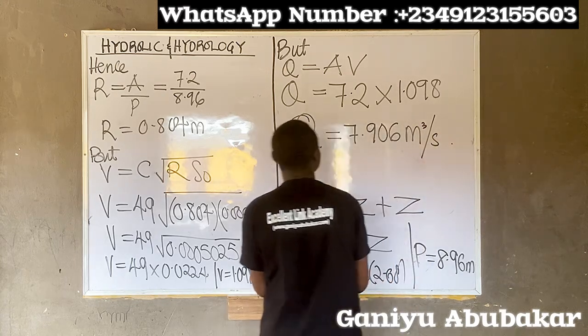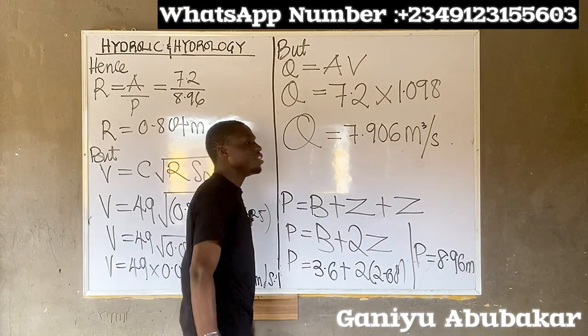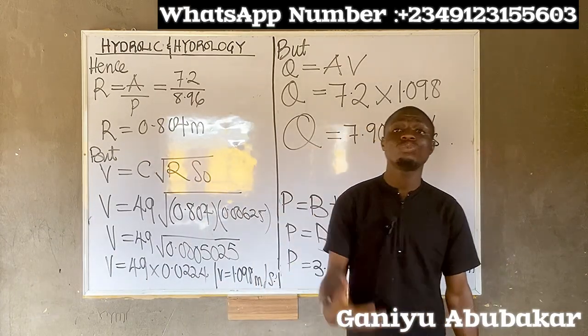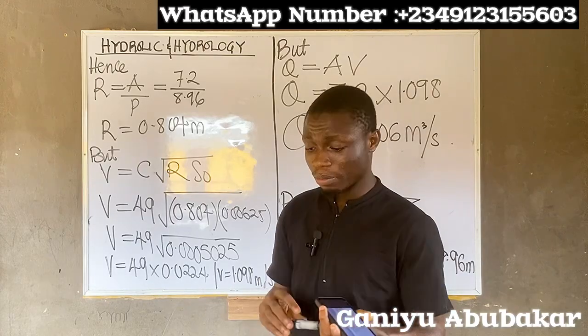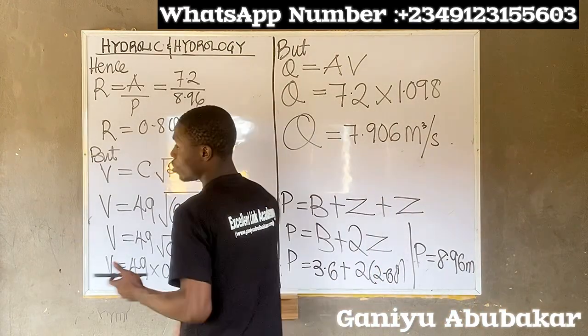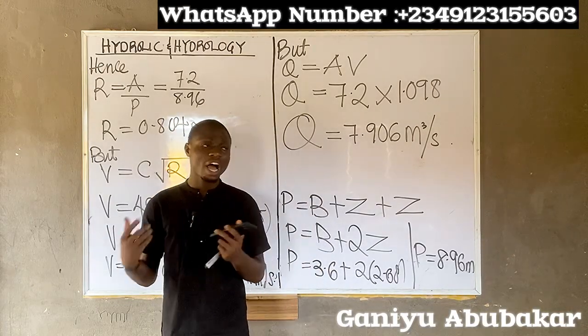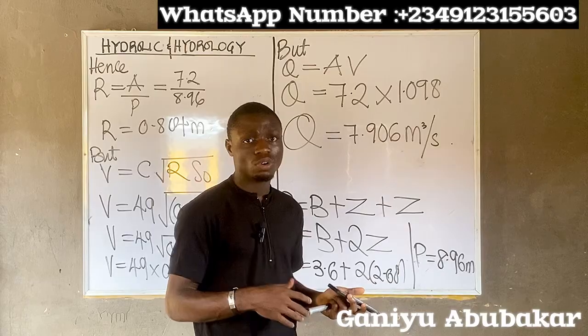That's the discharge. So discharge is in meter cube per second. So this is how you find the discharge in this open trapezium channel. So this is how you solve problems involved under hydraulics and hydrology.